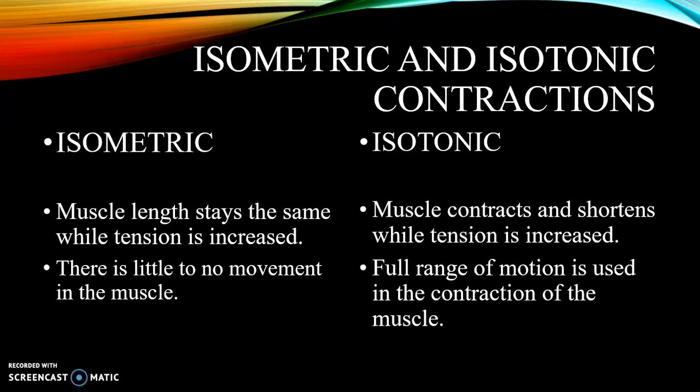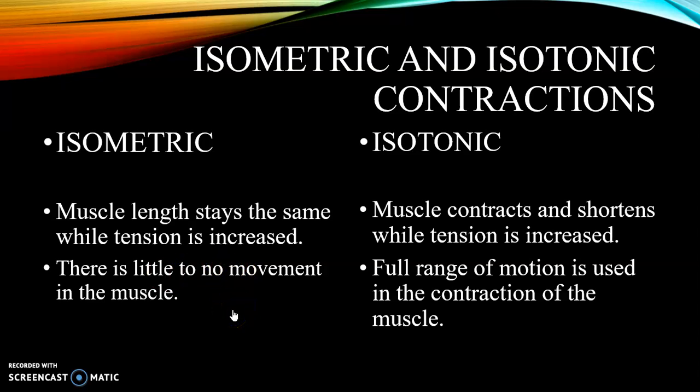So in the studies, they used isometric and isotonic contractions to stimulate the muscle to try to get a benefit. An isometric contraction is where the muscle length stays the same while tension is increased. So the muscle never actually moves, or the fulcrum never moves, but the muscle is activating. So there's little to no movement.